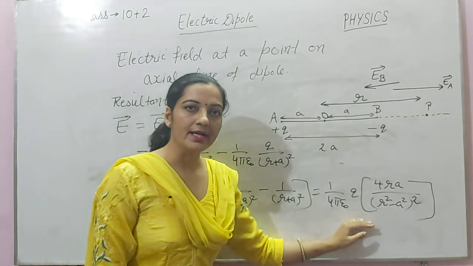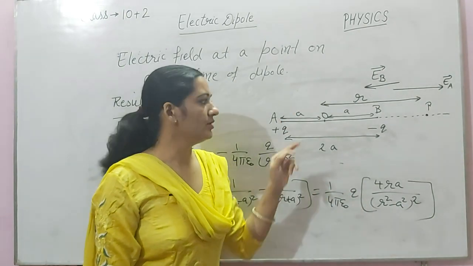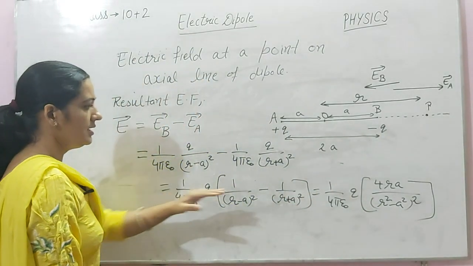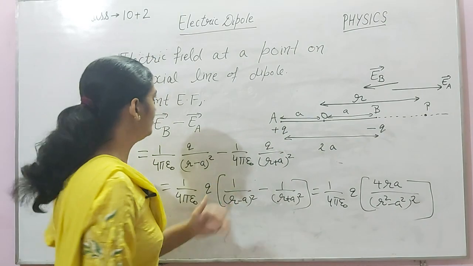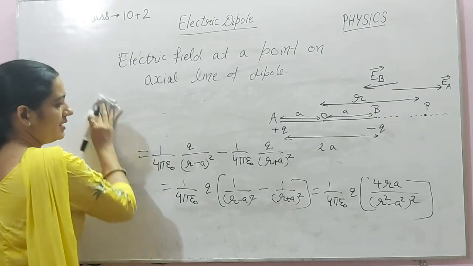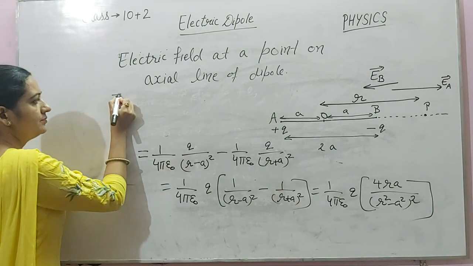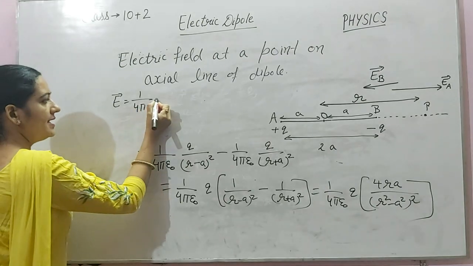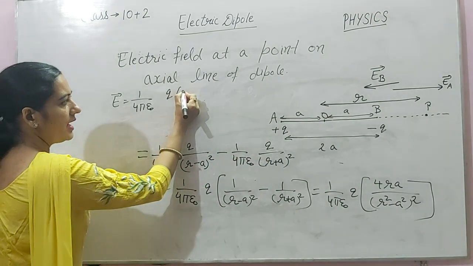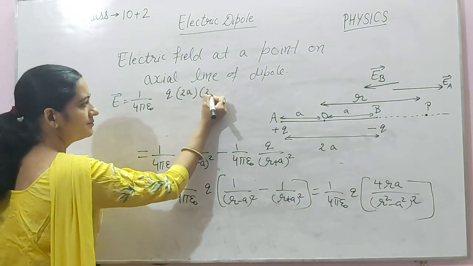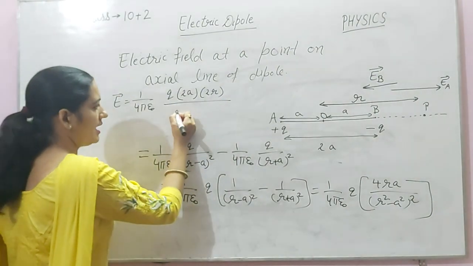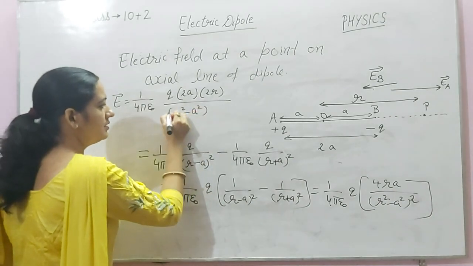But we have to write it in terms of dipole moment, because we are talking about a dipole. So the answer will be in terms of electric dipole moment. So I will change this answer into another answer. Just see, E is equal to 1 upon 4 pi epsilon naught Q. I can write 4RA as 2A into 2R, divided by (R square minus A square) whole square.